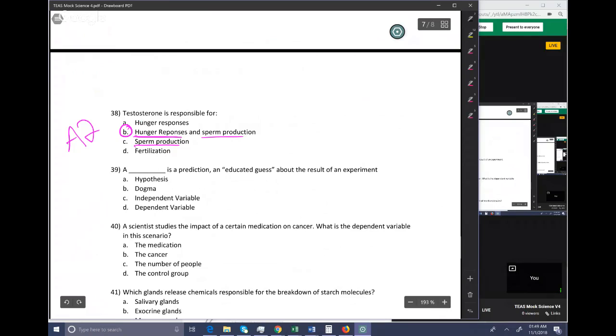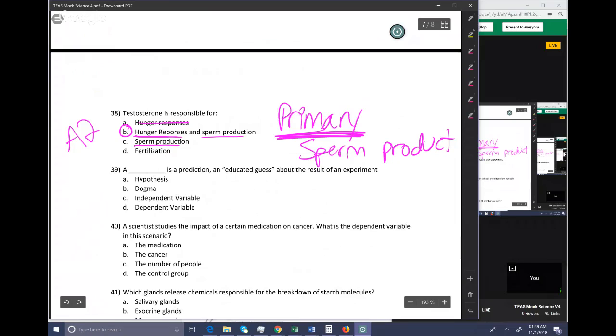You would not want to answer just hunger responses, because when you have just one answer instead of all the right info, you want to think about primary. So the primary is sperm production. The reason testosterone exists in the first place is sperm production. When they have both available and you've got not only your primary that has to be there, but also the other possible answer, that's the one that you're going to go with.